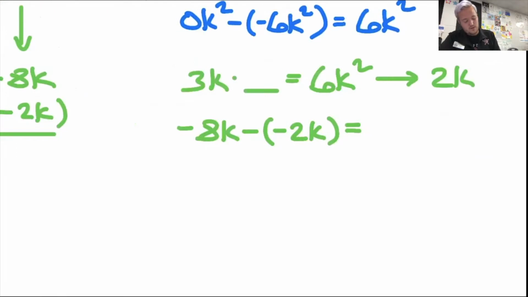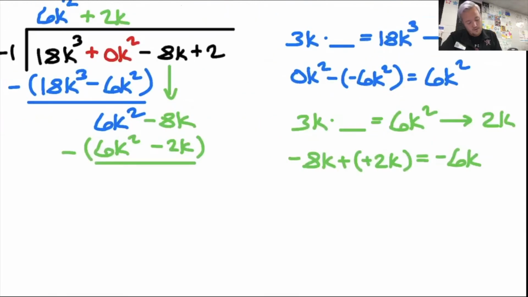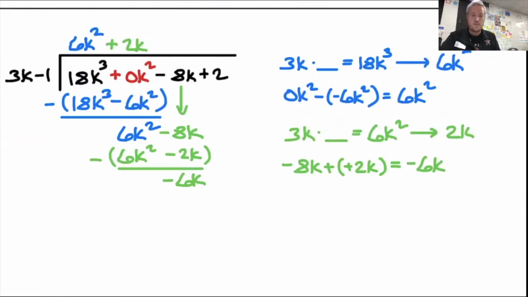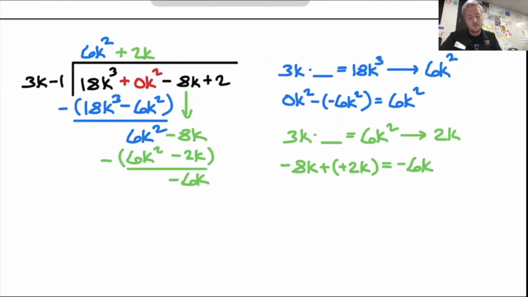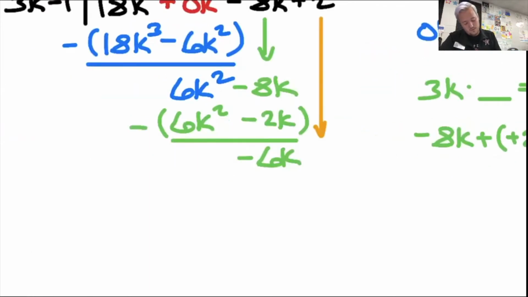It's going to turn into negative 8k plus 2k, which is negative 6k. That's what's going to be written down here. We still have another value to bring down, so I have another round to do. So plus 2.